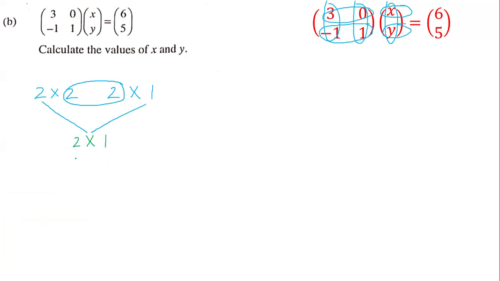Now, what do we know about a 2 by 1 matrix? Well, it has two rows. So this is one row here. This is the next row here. It has two rows, and it has one column. So this is a column here, but it only has one column, okay?